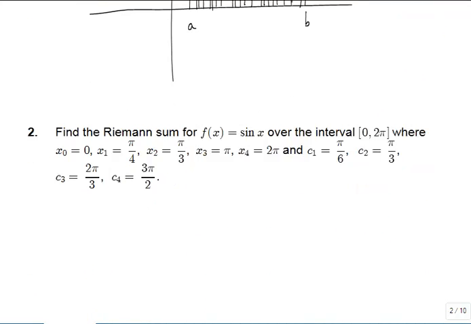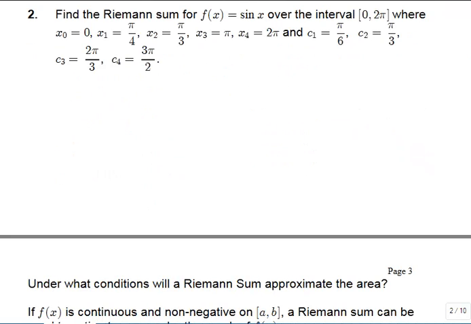So let's take a look at an example of a Riemann sum. We're going to find the Riemann sum for the function sine of x over the interval 0 to 2 pi, where the partition is x sub 0 equals 0, x sub 1 is pi over 4, x sub 2 is pi over 3, x sub 3 is pi, and x sub 4 is 2 pi.